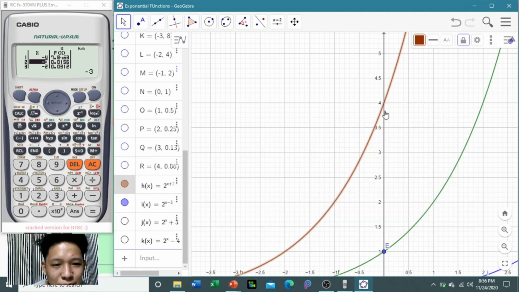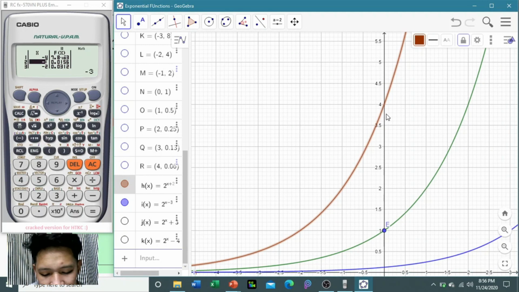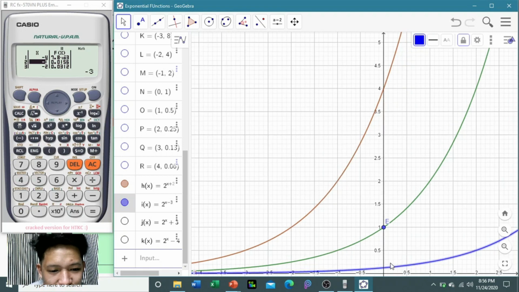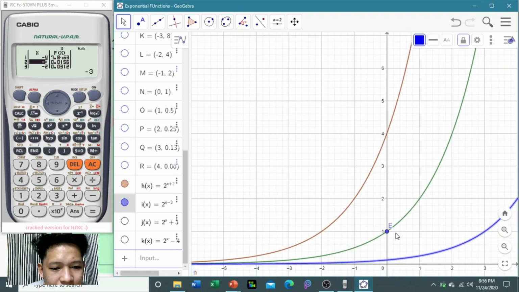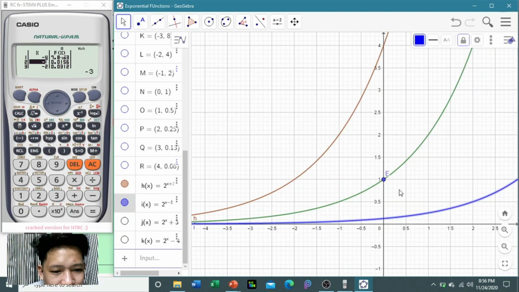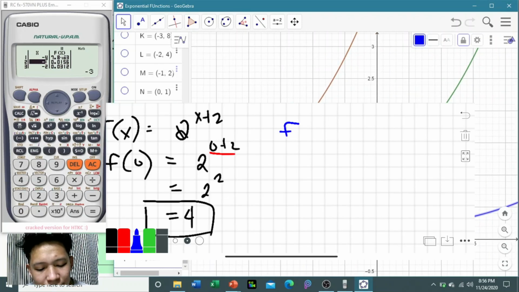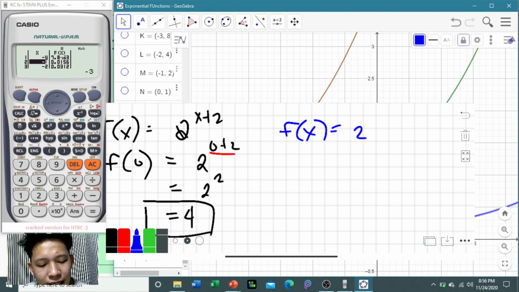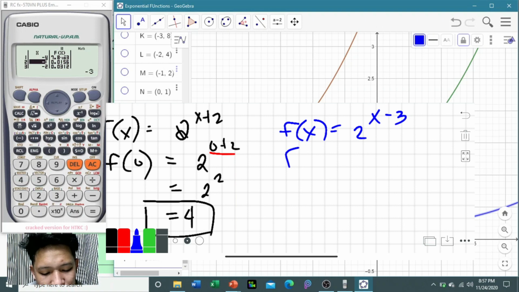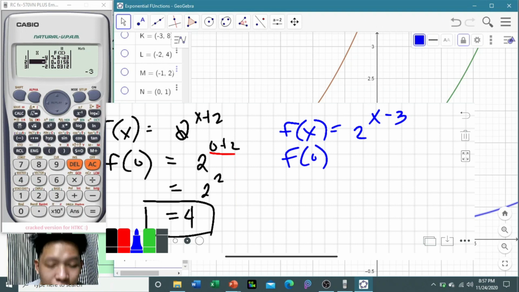Okay? At ganun din po dito sa ating function kanina, which is yung blue naman na function. So, kung makikita ninyo, it is not that clear kung ano po yung certain value. So, we are to compute that. That would be f of x equals to 2 raised to x minus 3. Okay? And then, what we're going to do is to evaluate it at f of 0 equals to 2 raised to 0 minus 3. So, that would be 2 raised to negative 3.